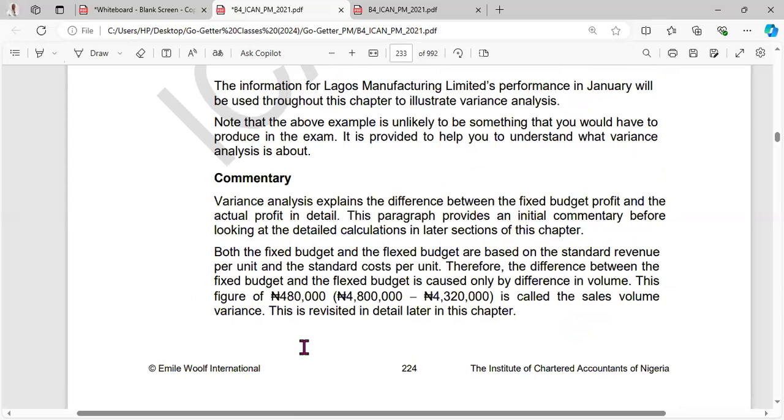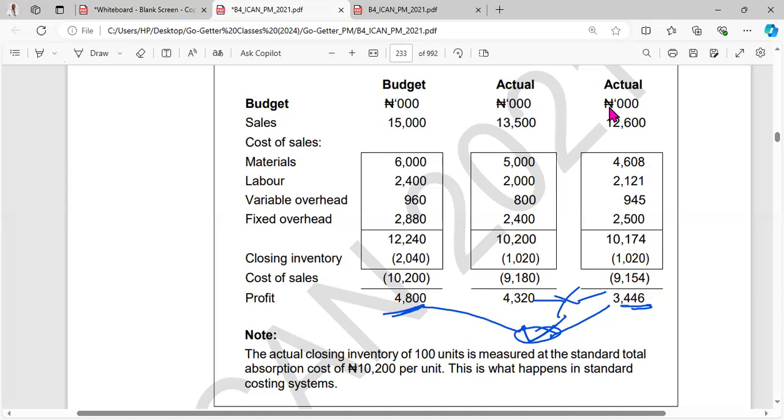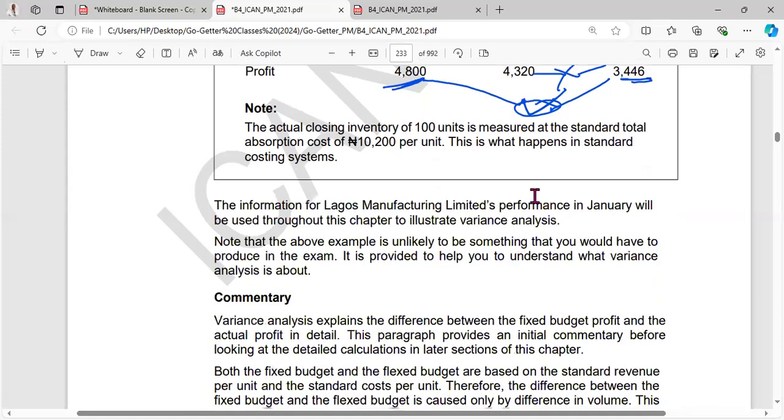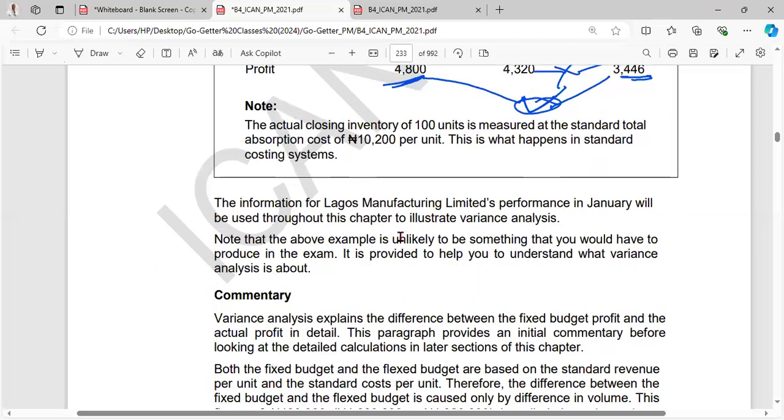After we have compared flex and actual, remember we still need to bring in this volume variance. That's the only link that is going to help us make it back to fixed budget. We'll talk about it later.